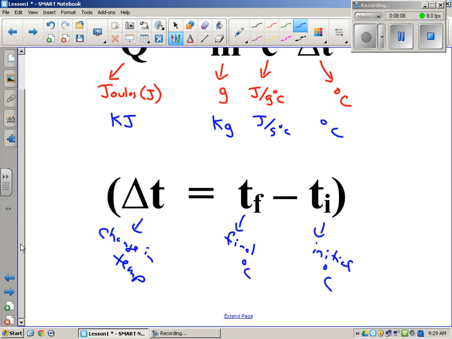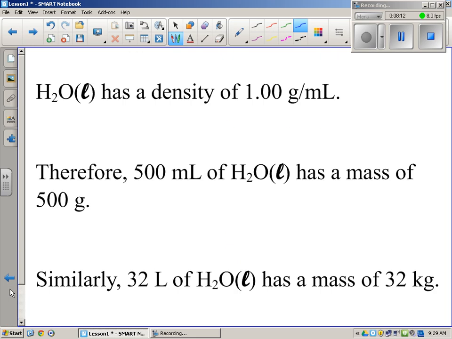We'll show you some examples of this in a little bit. H2O, by the way, water, has a density of 1 gram per milliliter. So for every milliliter of water, that's equivalent to a gram. If you had, for example, 500 milliliters of water, every milliliter is a gram of water.